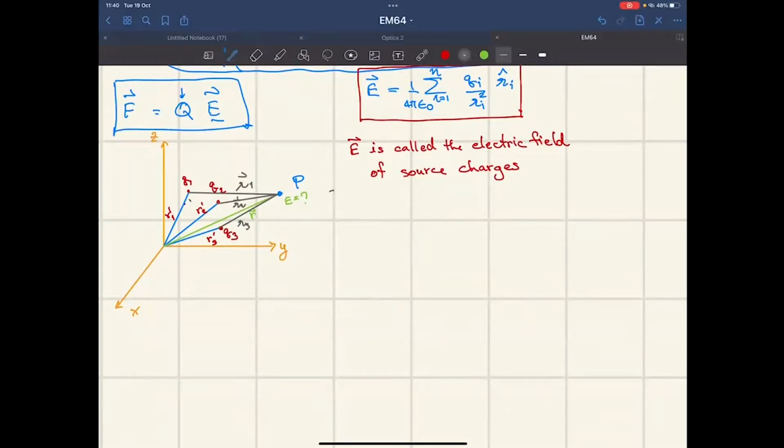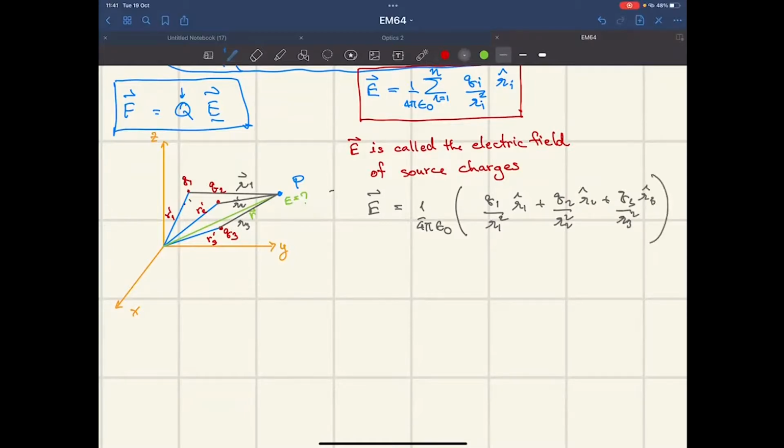To find the electric field here, E will be equal to 1 over 4 pi epsilon naught, Q1 divided by R1 squared, R1, plus Q2 divided by R2 squared, R2, plus Q3 divided by R3 squared, R3.